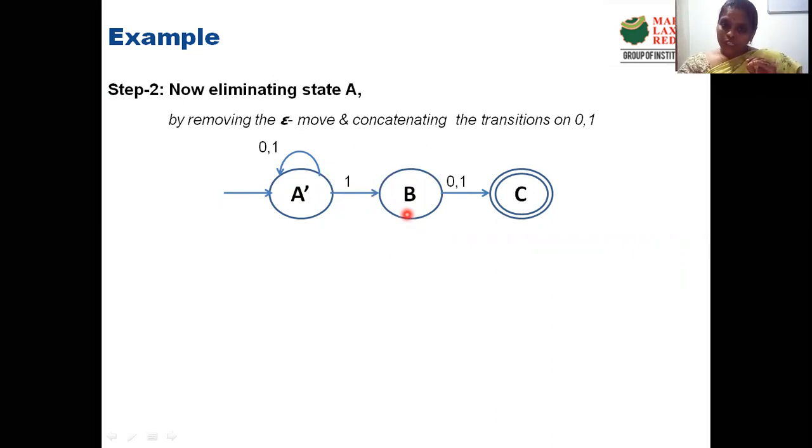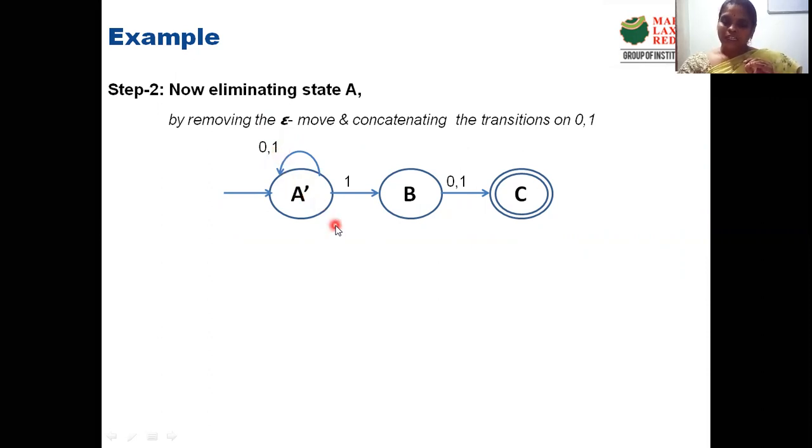In order to eliminate these states, we have to concatenate these transitions. Before eliminating B, the incoming transition on the input symbol 1 from A dash to B can be concatenated to this 0 comma 1, where the 0 comma 1 can be written as 0 plus 1 whole star.